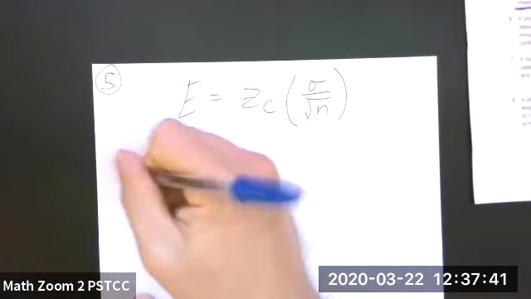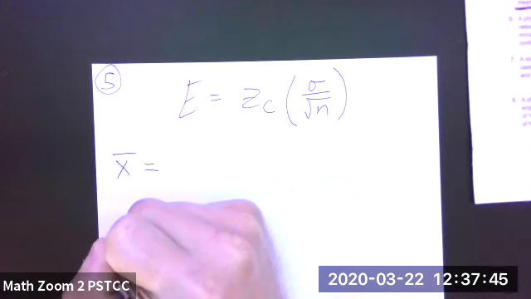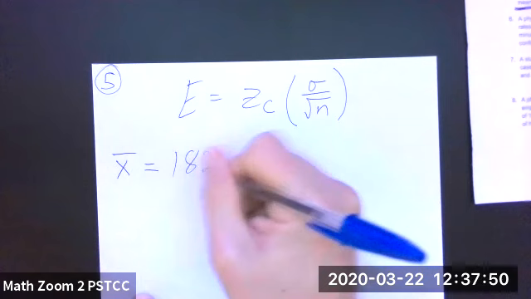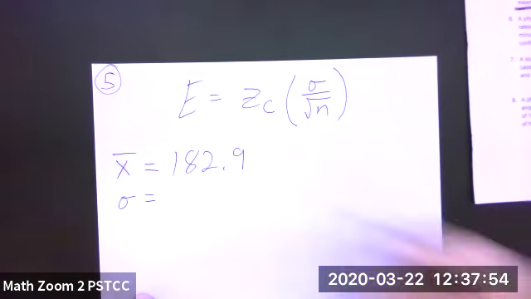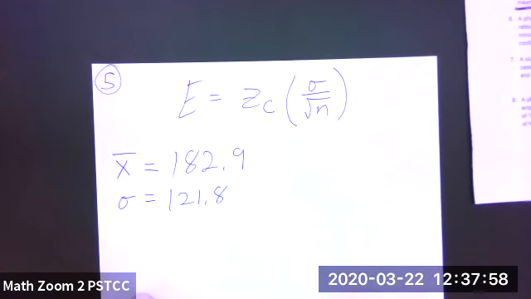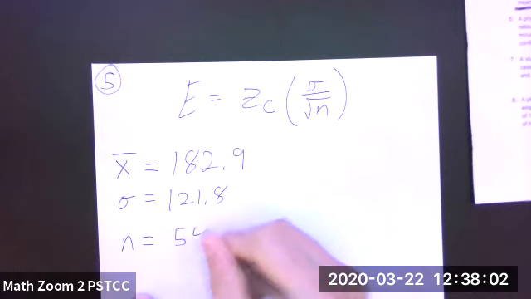We have a sample mean weight of 182.9 pounds. Sigma, population standard deviation, is 121.8 pounds. The sample size is 54.